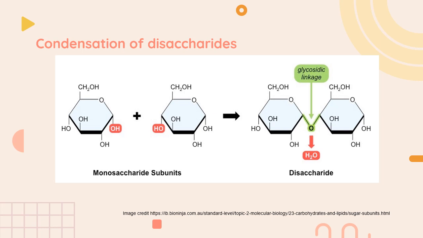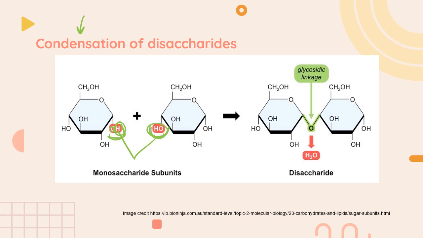So looking at these disaccharides, we're going to form our disaccharides from the monosaccharides via condensation anabolic reactions. And it's pretty similar to what we were looking at with our proteins, with our lipids. So basically what happens is we take the hydroxyl group of one guy, the hydroxyl group of another guy. We take one of those hydrogens and both the oxygen and hydrogen to make water.